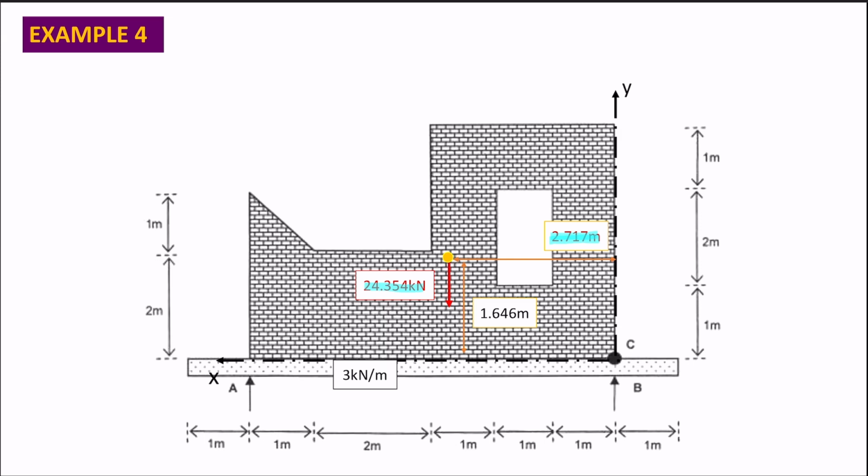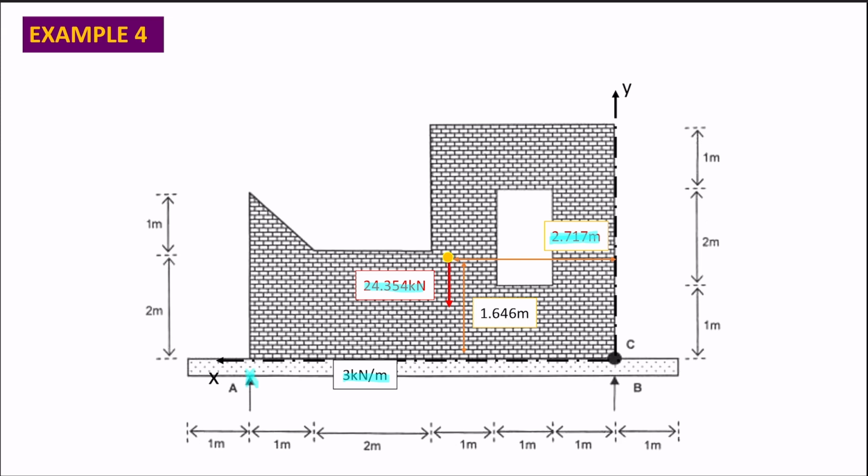And jangan lupa juga dalam soalan pun the load of the beam pun diberi, which is 3 kN per meter. So you boleh kira moment and take it dekat mana-mana point of reaction.